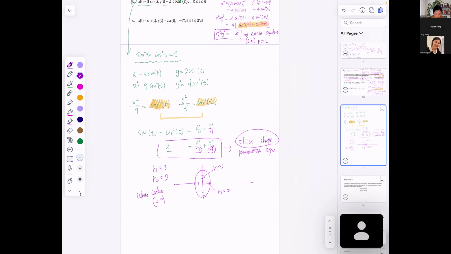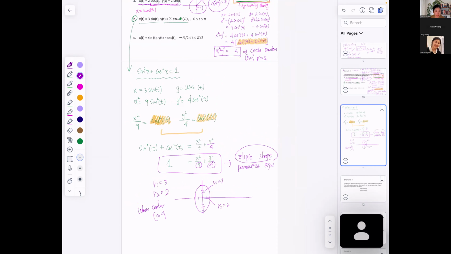In this function, when you create the parametric curve, it shows us an ellipse shape. Wow, it's a lot: linear, quadratic, radical, circle, now ellipse. That's how 3 parameters work together when you graph it. It could be any shape. We call this the parametric equation concept.